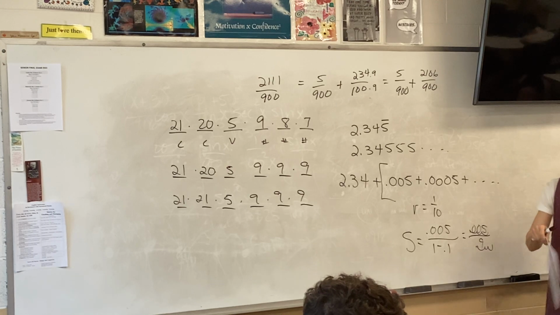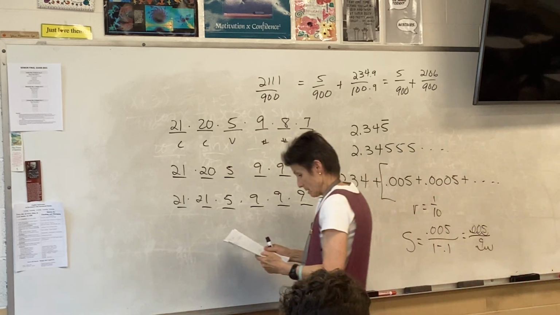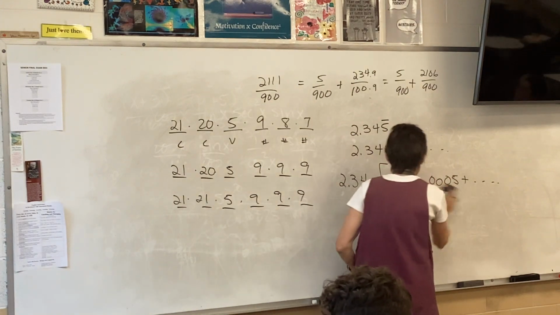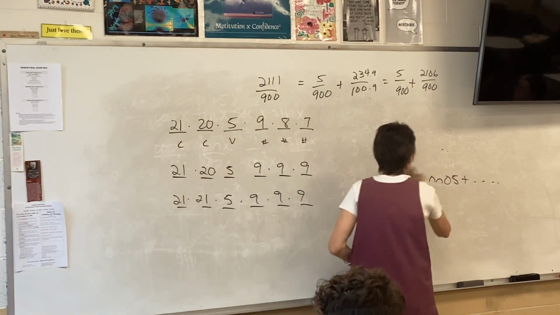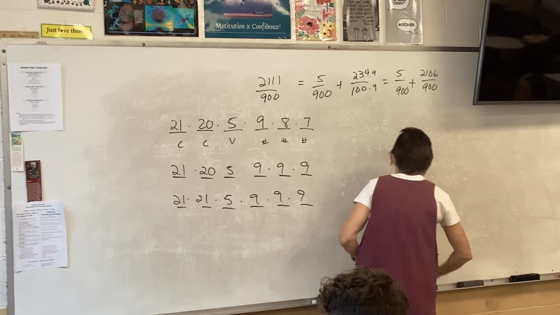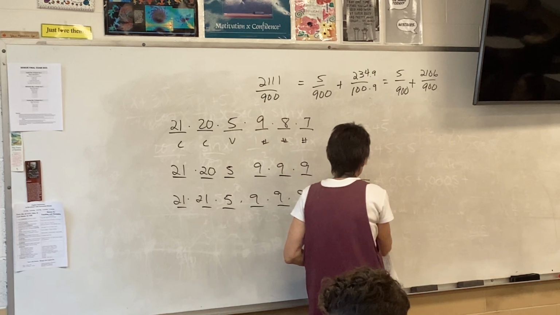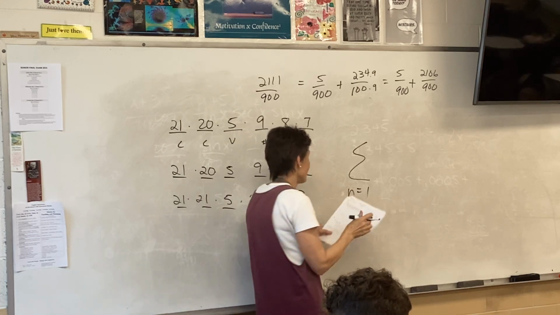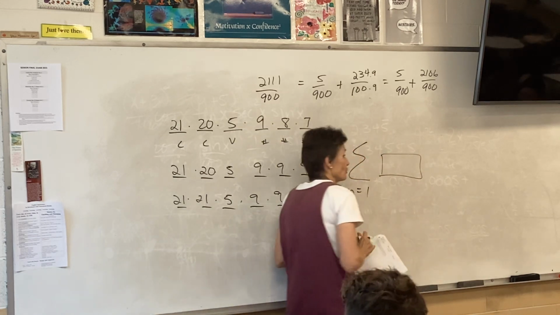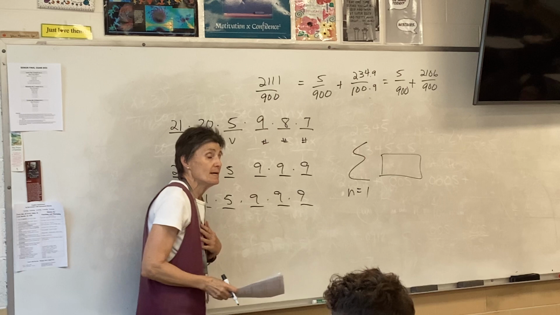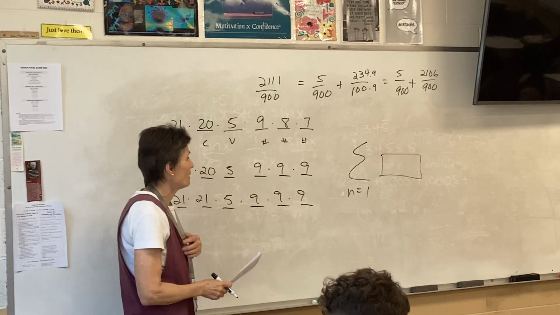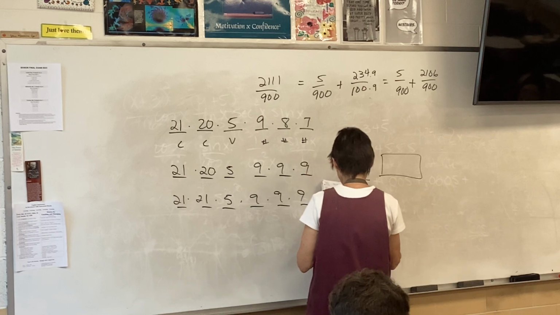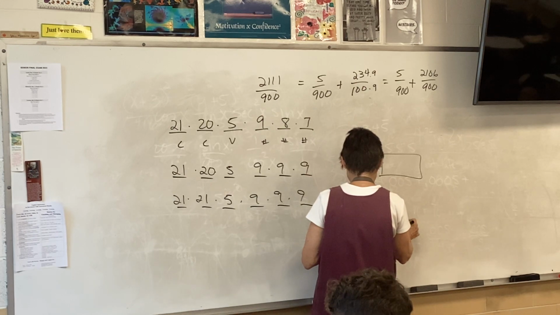On what homework? 9.5? 3A says write in summation notation. Yeah. Now, summation notation means sigma. I always start my sigmas with 1, but you don't have to. I think it's easiest to start it with 1. And I need the general term, or what we call the explicit term for this sequence. Well, what is going on in this sequence?